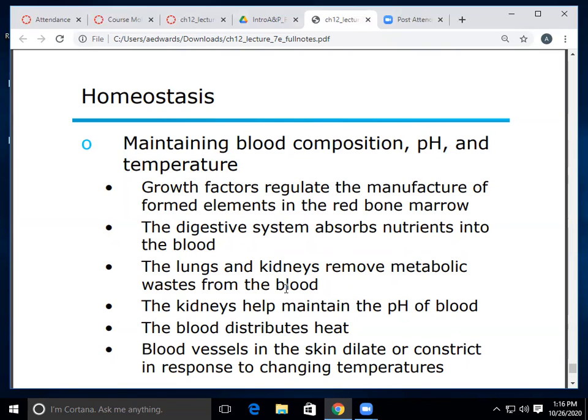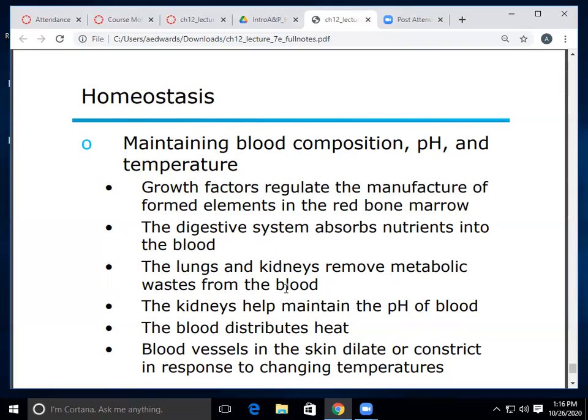So pH has to do with acidity or basicity. So a few examples here. You have growth factors, and they can regulate manufacture or production of the formed elements from the red bone marrow, right? Remember that from the previous chapter for formed elements.